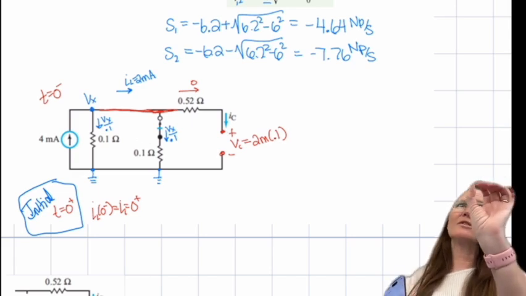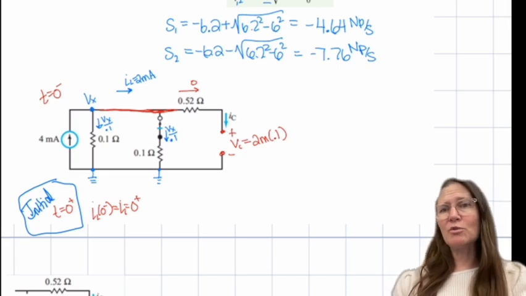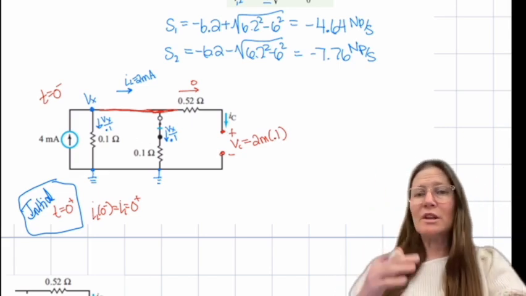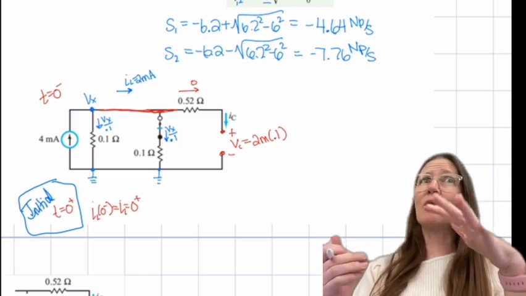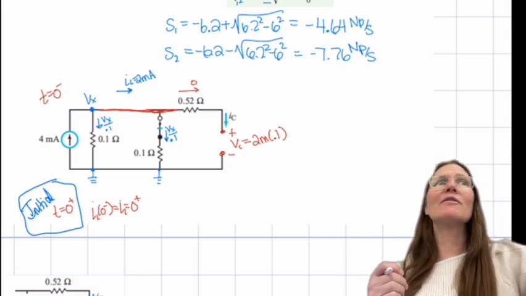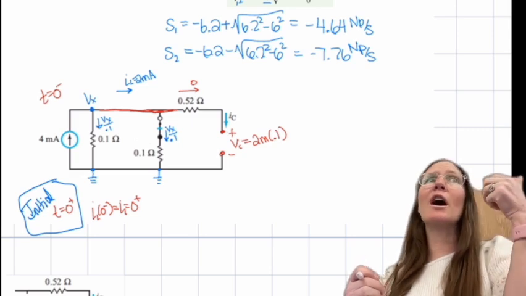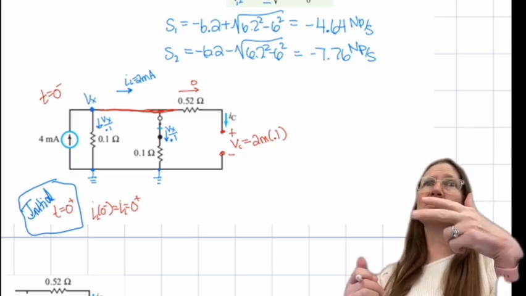But we now have these time-dependent elements, the capacitor or the inductor. And with them, it doesn't change instantaneously. So we have to find, right before the switch closes at 0 minus, after it's sat there a long time, what those values are. For the capacitor, we have to use the voltage. For the inductor, we use the current.